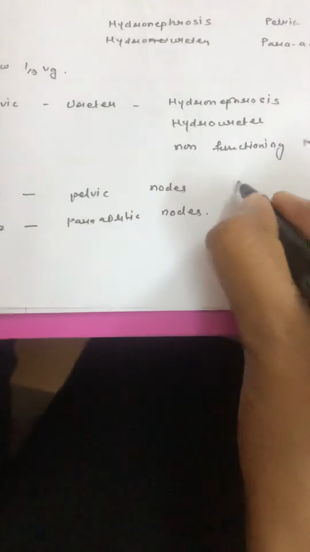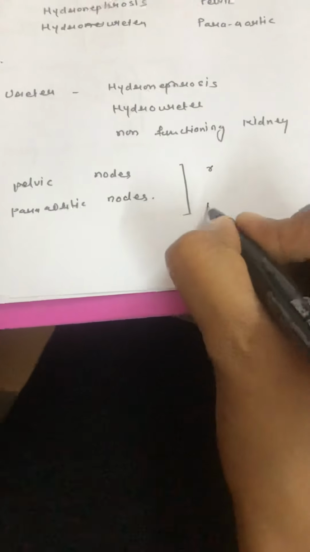Only thing is it has to be proven on biopsy. Mucosal biopsy proven involvement will be considered. Merely bullous edema will not be considered. Also, I would like to say that whenever you are saying nodes are involved, you have to give a suffix small r or p.